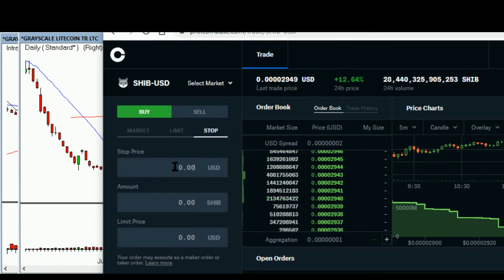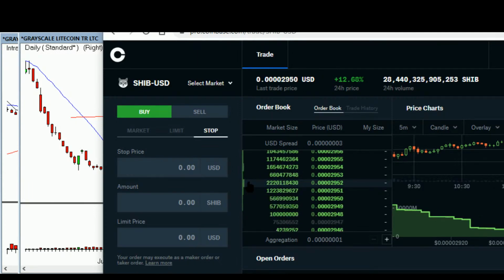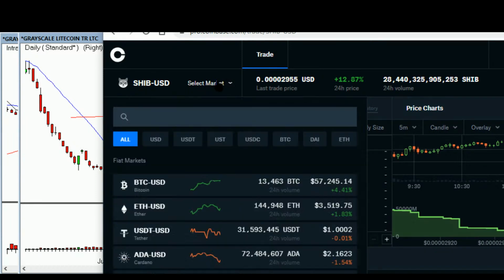So stop. Let's say you want to get in at, in this case, because it's hard, 0.00002959. So it's so many digits. But if we were talking about Bitcoin, let's say you want to buy it if it crosses over 58,000. You type 58,001, one cent. Here's Bitcoin. You just go Bitcoin, BTC.